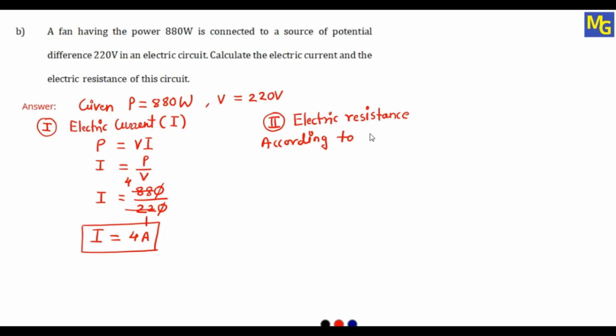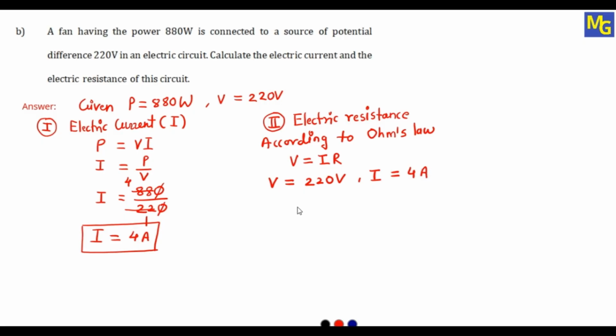According to Ohm's law, we know the formula, that is V is equals to IR. We have to find out R here, that is resistance. In this formula we have V. V is 220 volt, and just now we have found out I. I is 4 ampere. Substitute these values here.